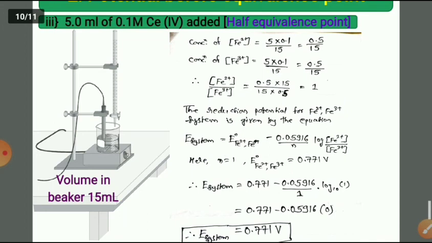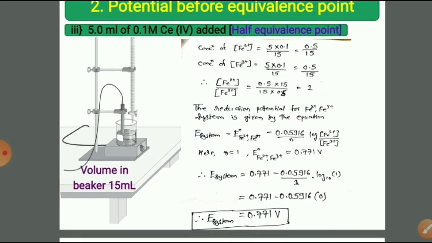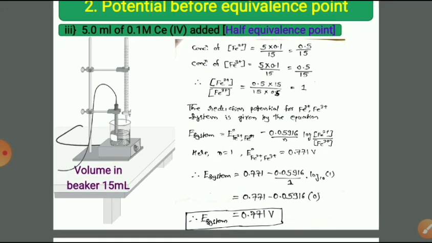After addition of 5 ml of 0.1 molar cerium-4 in the beaker which contains the Fe2+ ion solution, the E system which we obtain is 0.771 volt. So this is the potential before the equivalence point.